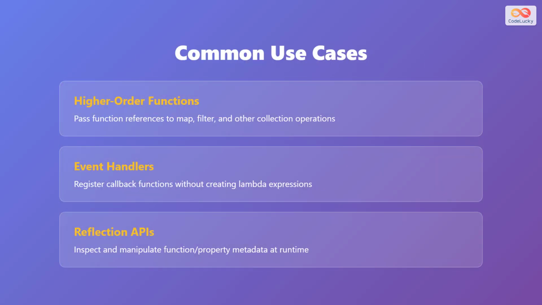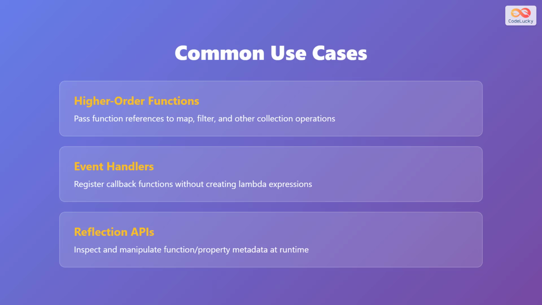Member references have several practical applications in Kotlin development. In higher-order functions, you can pass function references directly to collection operations like map, filter, and reduce, making your code more concise and readable. For event handlers, member references allow you to register callback functions without creating verbose lambda expressions, simplifying event-driven programming.